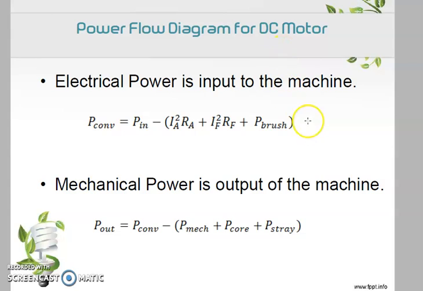For the motor, conversion power is equal to P in minus all the losses here. Mechanical power output is equal to P conversion minus all the internal losses.